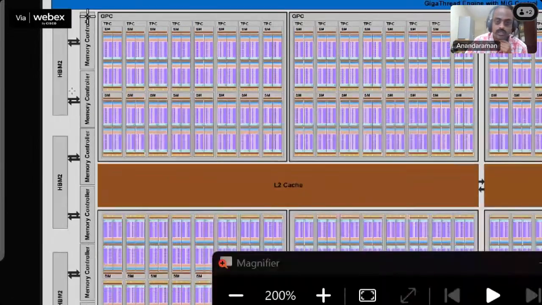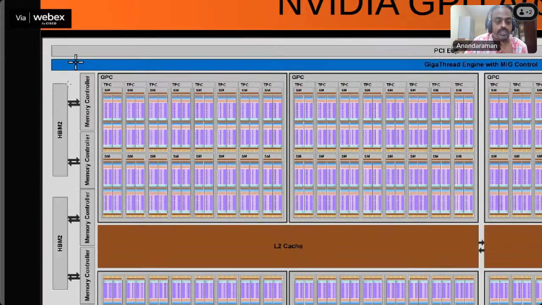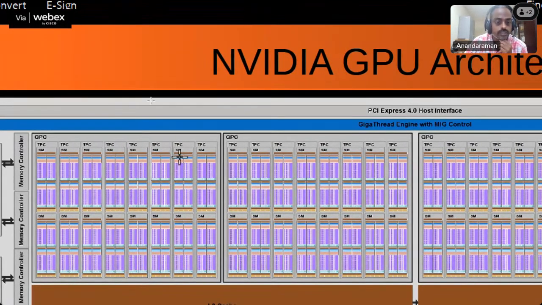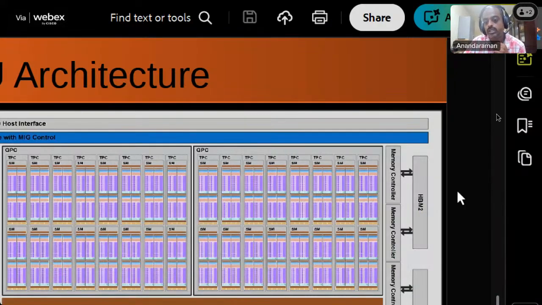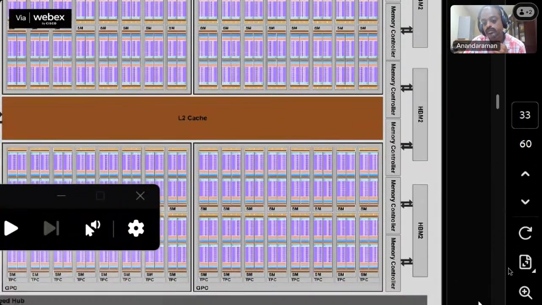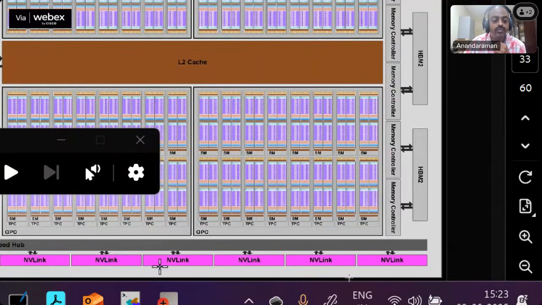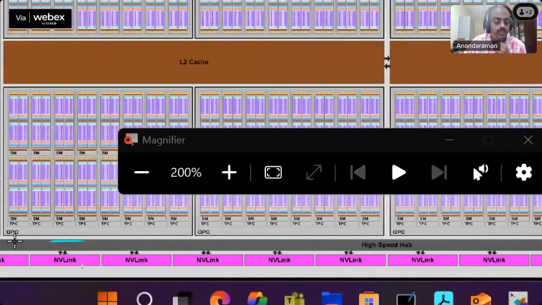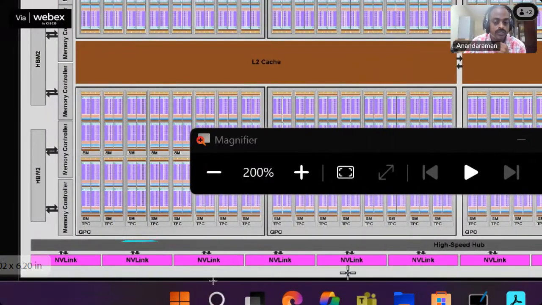Each GPC, graphics processing cluster, has multiple TPCs, texture processing clusters. Then each TPC has SMs, streaming multiprocessors. And on this side memory is connected with controllers. And here are the NVLink interface and PCIe interface for connecting with the server.